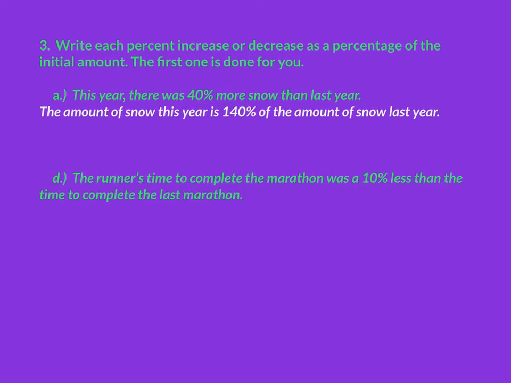So I left the example here for this one, so we still have it, but I think we're getting pretty good at this. The runner's time to complete the marathon was 10% less than the time to complete the last marathon. So 10% less. So if we start with 100, we subtract 10, we're left with 90. And now we can write our sentence.